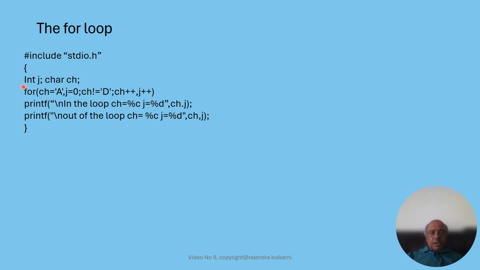There is one variable, int j, another variable, char ch, then our for loop. Into the brackets, ch is equal to 'a', comma, j is equal to 0. We can have two or three or as many initializations as we want in this first initialization part of the loop.